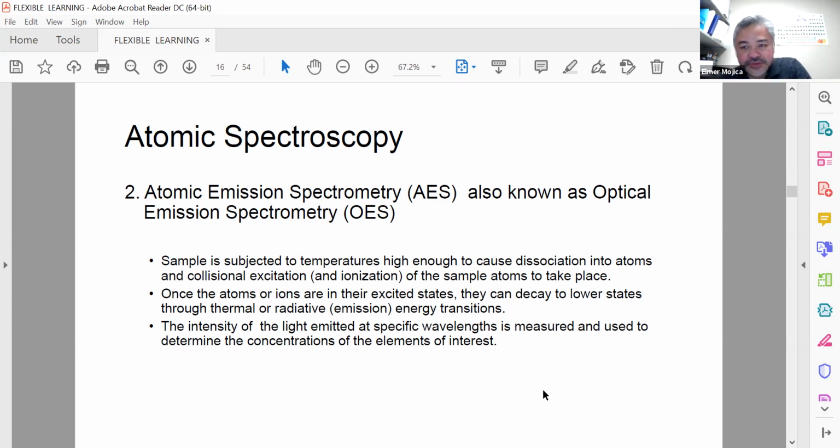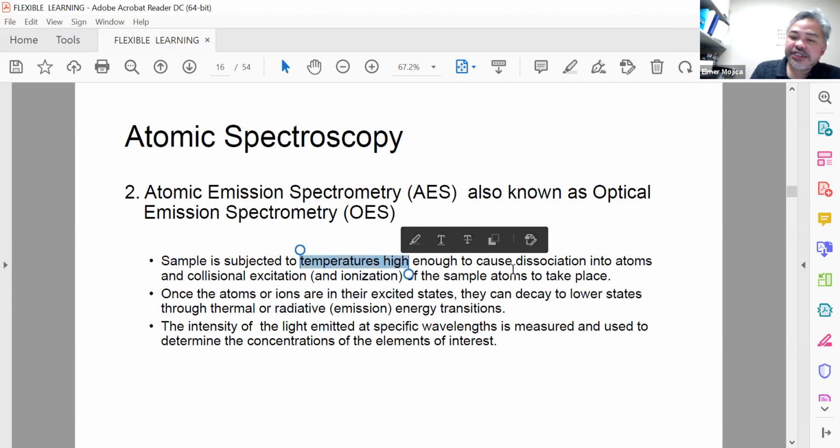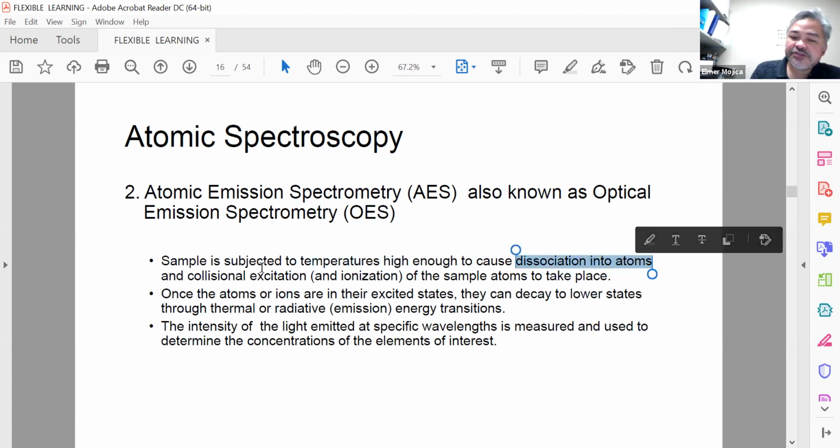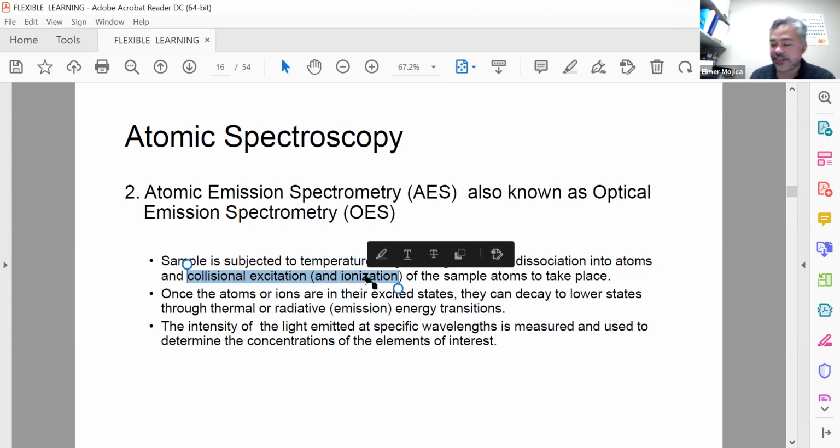Here you're looking at the emission, so you need a condition wherein you're going to excite your atoms. The temperature you use is high enough to cause dissociation into atoms and collisional excitation or ionization of the sample atoms.